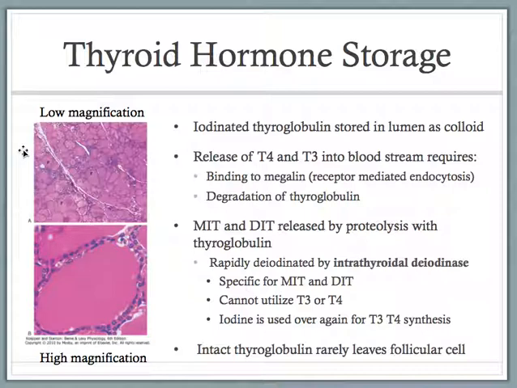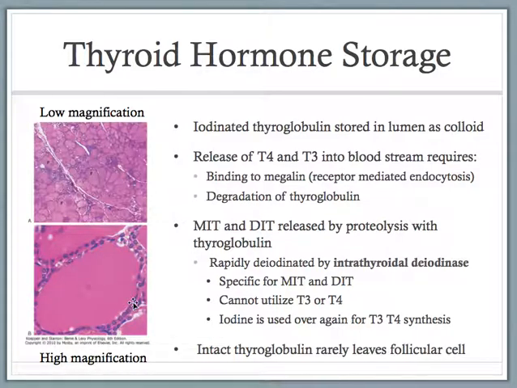Again, as I went through in that large process, we have the follicular cells. That's what they look like. They're surrounding this watery colloid. Here is the thyroid gland under low magnification, and here's high magnification. And in this picture, the C is referring to the colloid. So that's where these things are created.